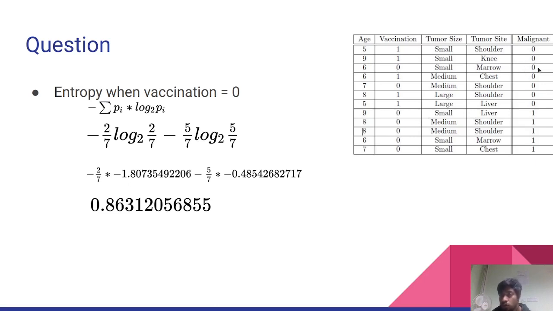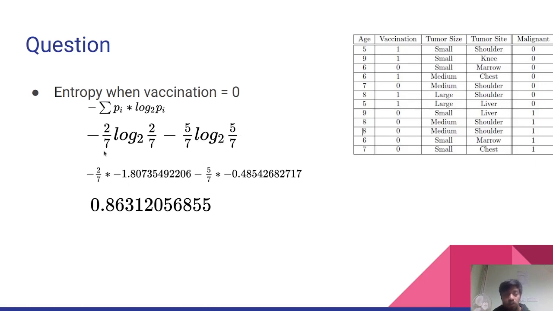We have 7 rows here, and only 2 of them are 0. So this is one class, 2 by 7 log base 2 2 by 7, minus, in the case of 5 rows we have 1, 5 by 7 log base 2 5 by 7.